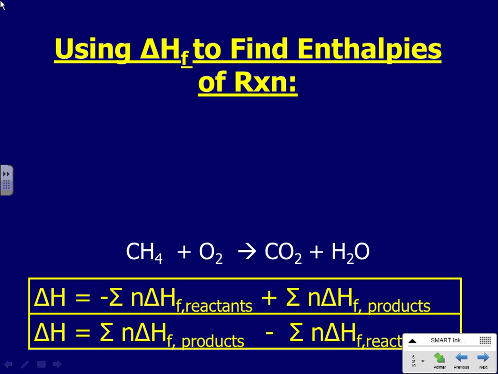Okay, so now that we've recalled what a delta HF is, how can we use this to find the delta H? Now, don't write down the equations on the bottom. I'm going to explain to you where those equations come from, and then you can decide which of the two versions you want.